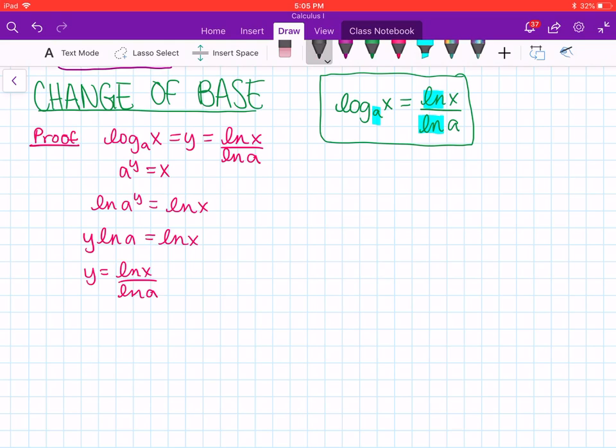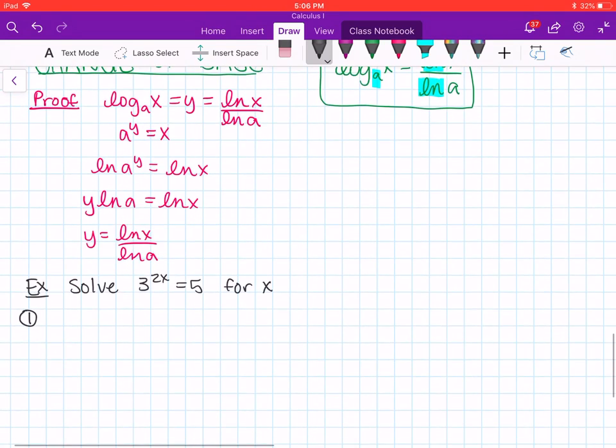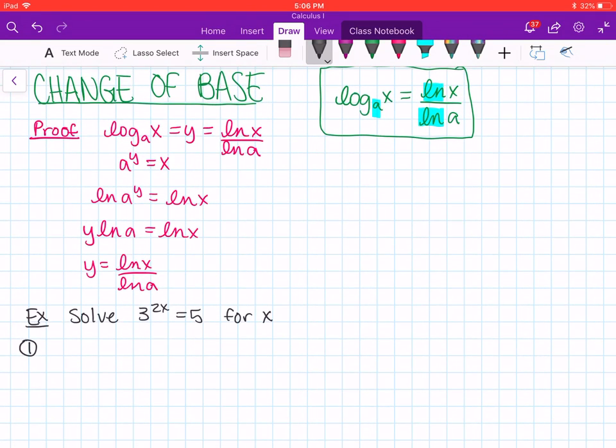Okay, let's look at an example where we can use this. So, for instance, solve 3 to the 2x equals 5. Solve for x. So let's do two different solutions. Let's put it in log form, and we're going to do natural log of both sides.